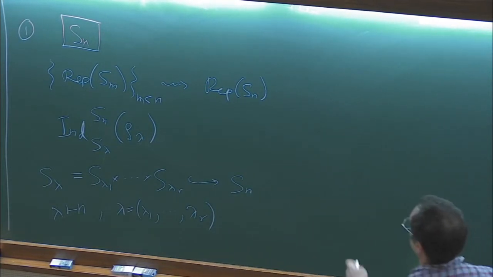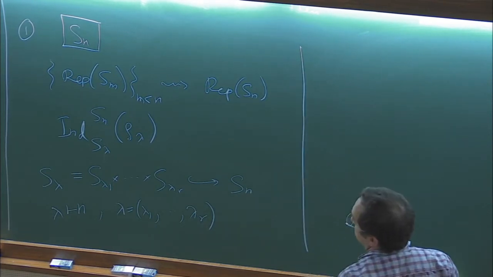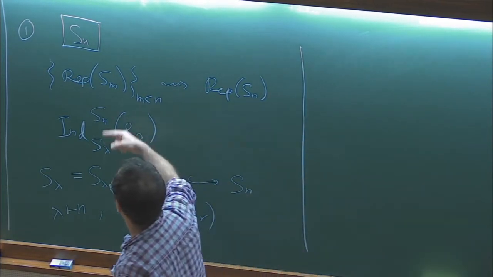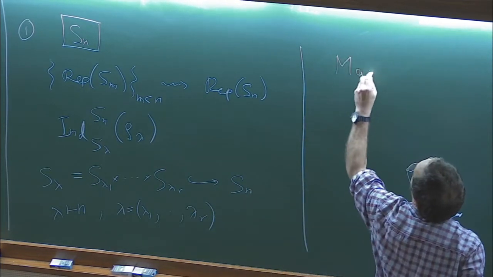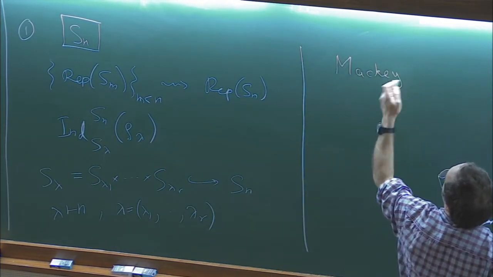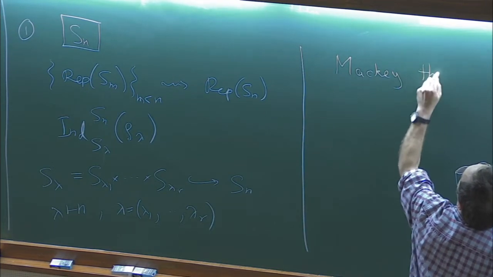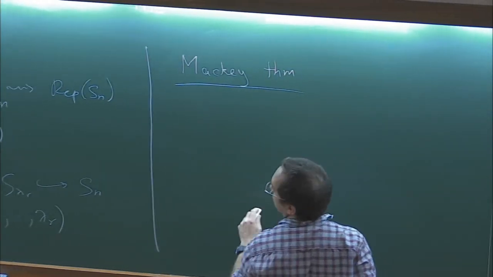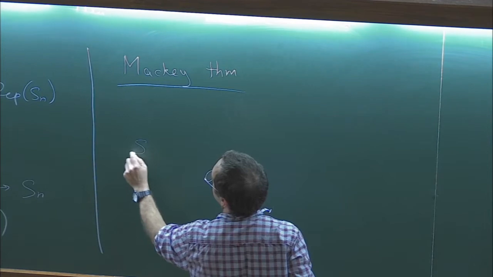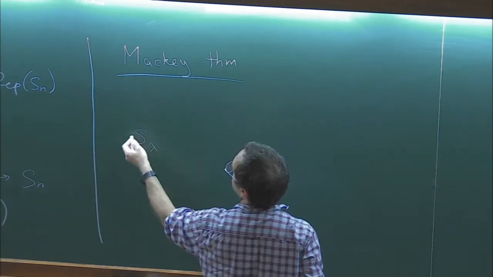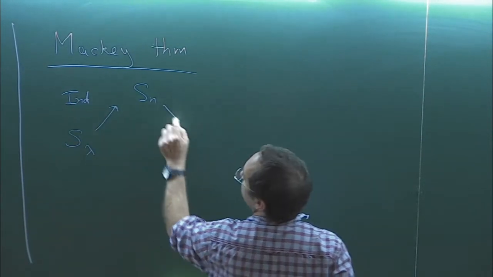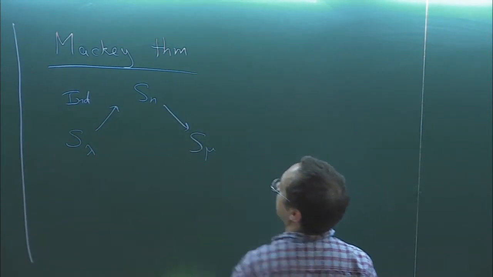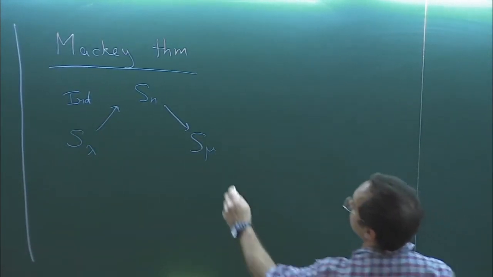And so the tool to study induction and restriction is the Mackey formula, or in this case, the Mackey theorem, which explains what to do when we want to induce from S lambda to Sn, then restrict, say, to another group S mu.